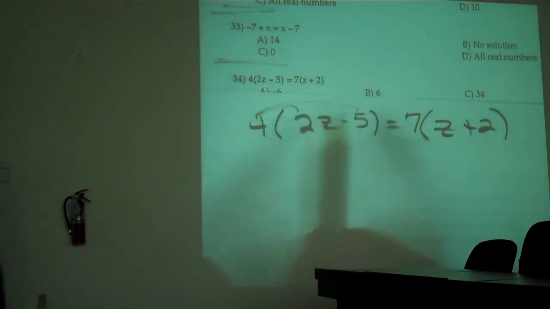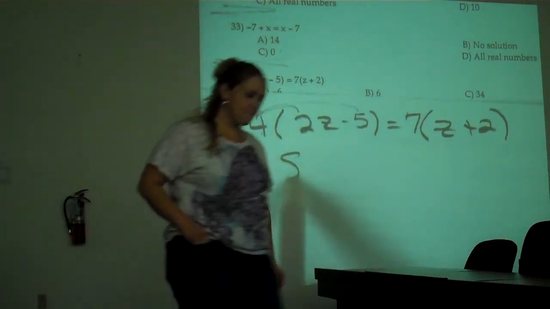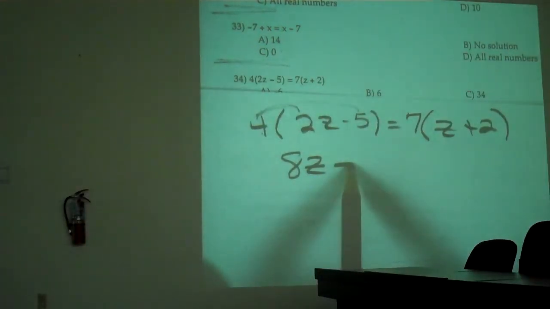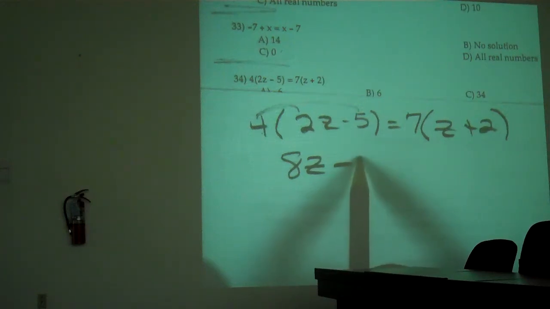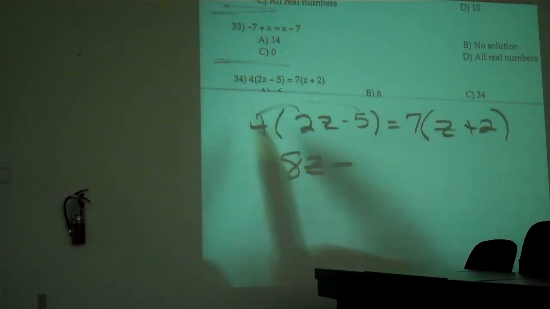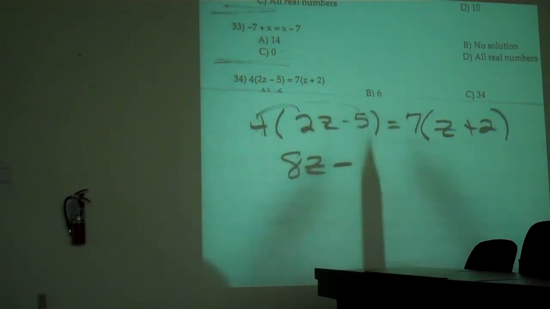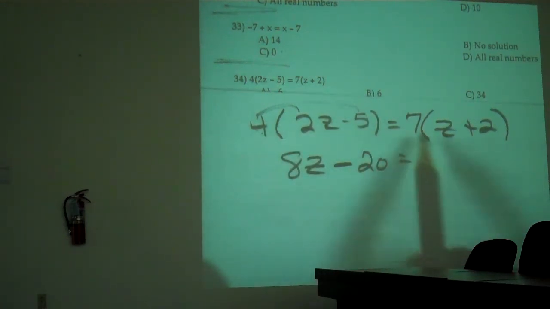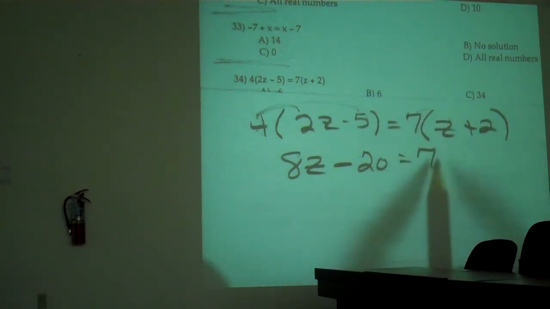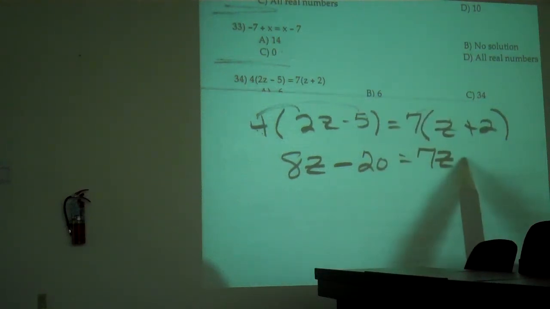Distribute your outside number through. 4 times 2 is 8z. Is this minus 5? Somebody say no. It's minus 20. 4 times 5. Okay. 7 times z. Is this plus 2? Plus 14. Good. Plus 14.